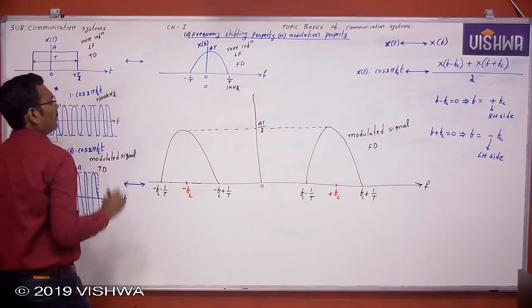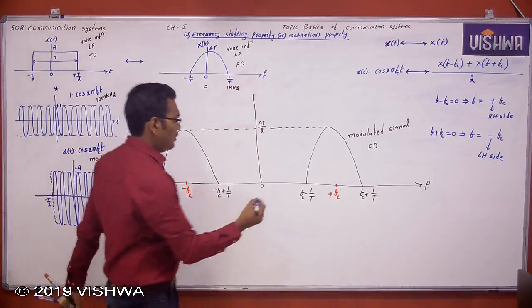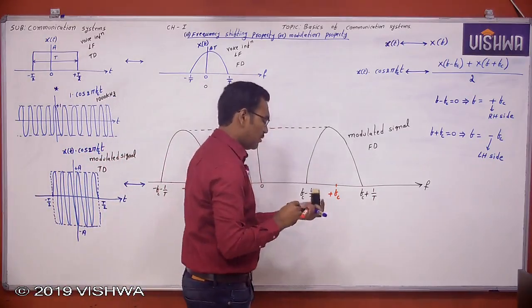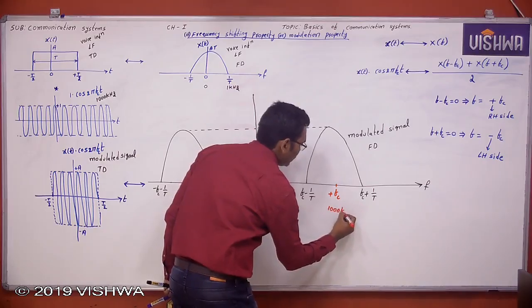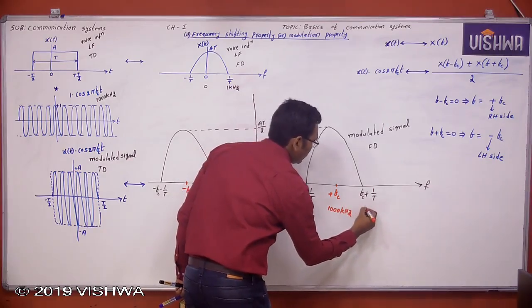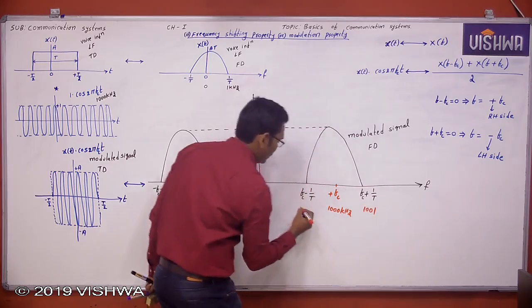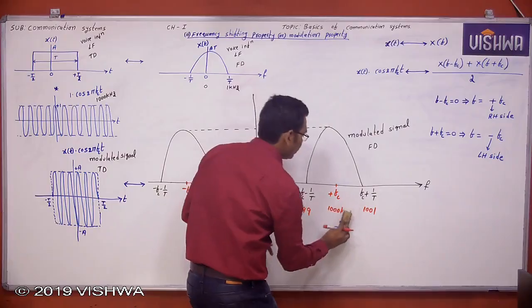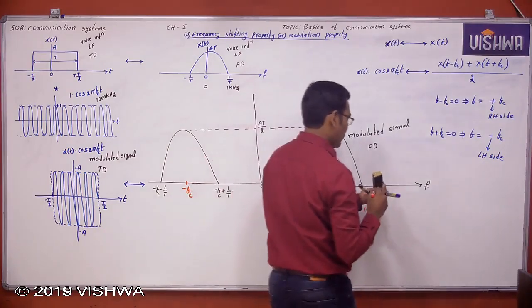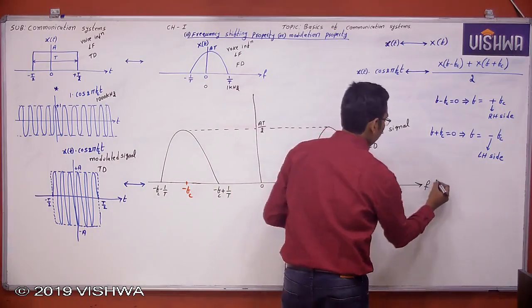Now after modulation, what happened? This is 1000 kHz, this is 1001, this is 999. Let us assume this is the kilohertz range.